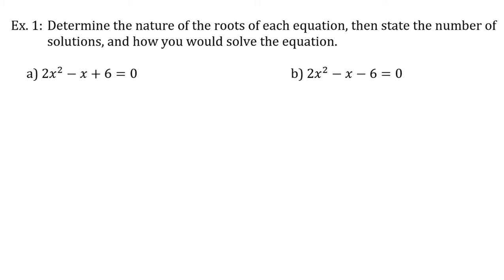Are we ready to go for the first one? So, again, you can or not. It's up to you. List the A, the B, and the C. And I do B squared minus 4AC equals negative 1 squared minus 4 times A, which is 2, times C, which is 6.